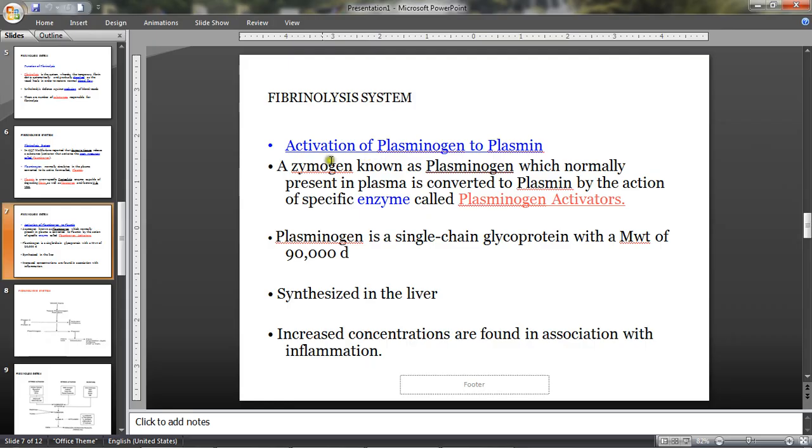Activation of the plasminogen to plasmin: a zymogen known as plasminogen, which is normally present in plasma, is converted to plasmin by the action of the plasminogen activators. It is a single chain glycoprotein, molecular weight of about 90,000 daltons, synthesized in the liver. Increased concentrations are found with inflammation.